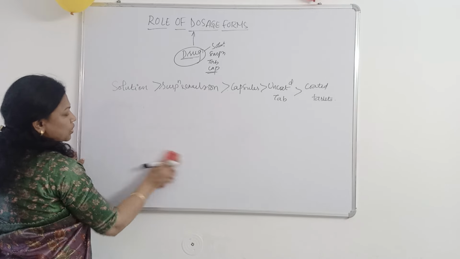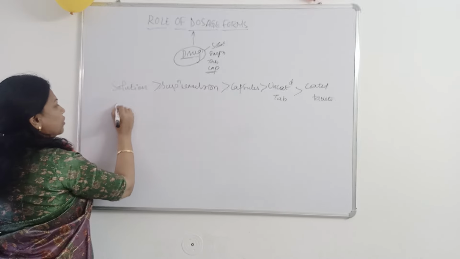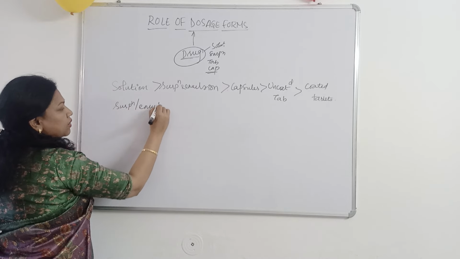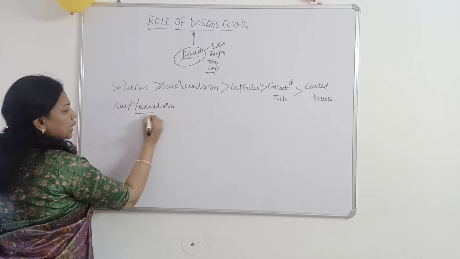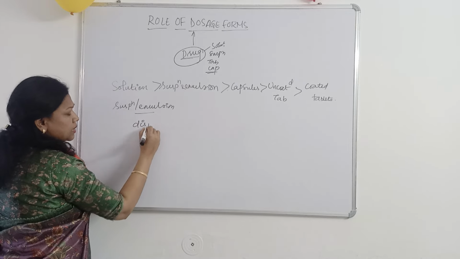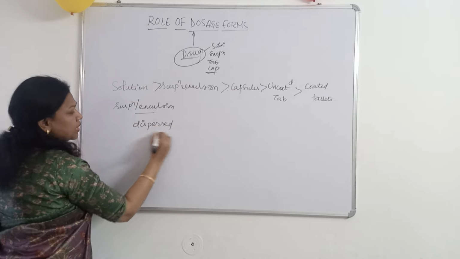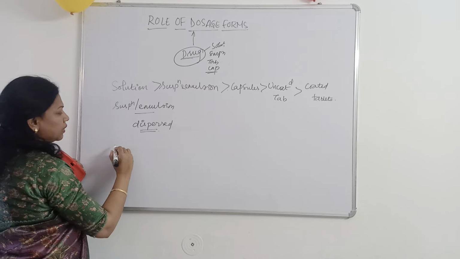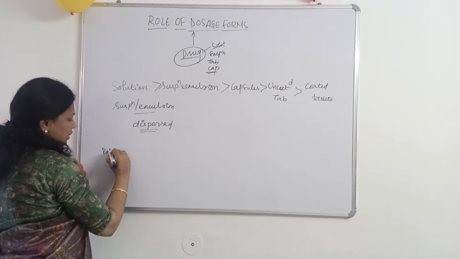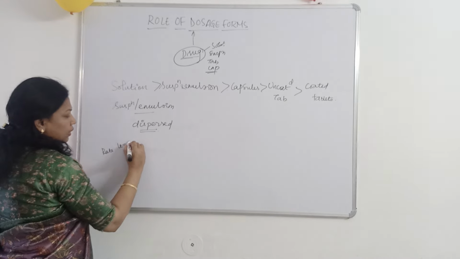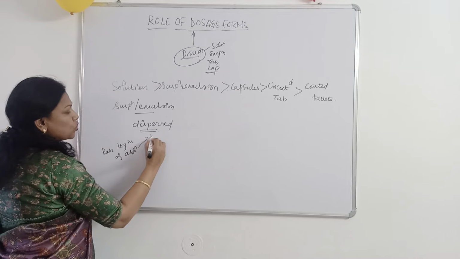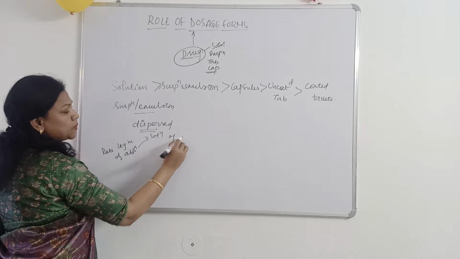Now the next dosage form is the suspension dosage form. Suspension or emulsion, where the drug is not completely soluble. Here the drug is dispersed in an aqueous vehicle. So the main factor, or the rate limiting step, in drug absorption in the case of suspension is the solubility of the dispersed drug.